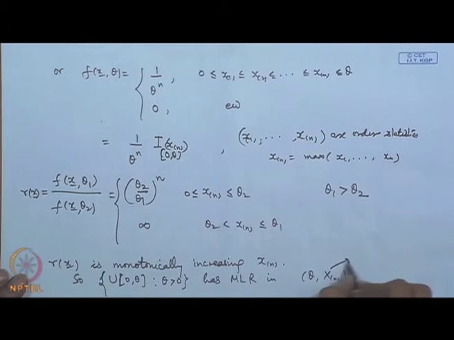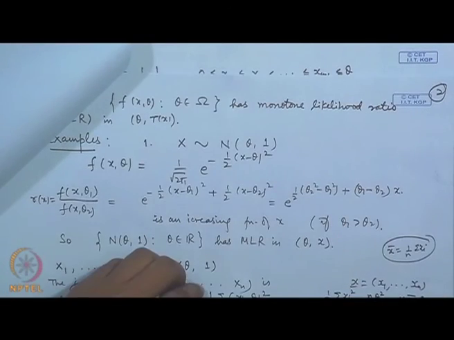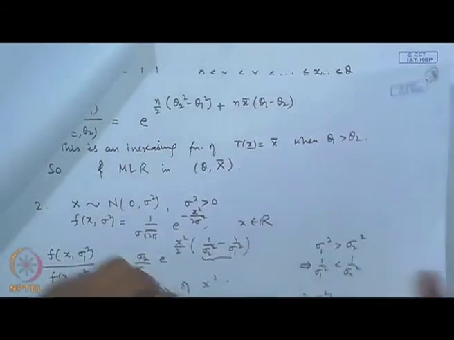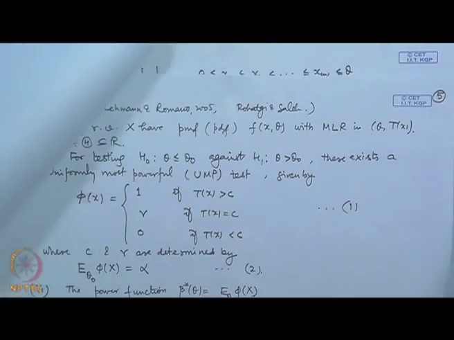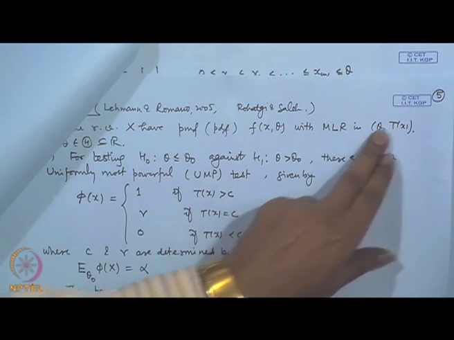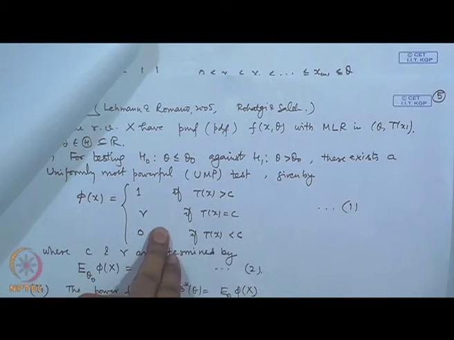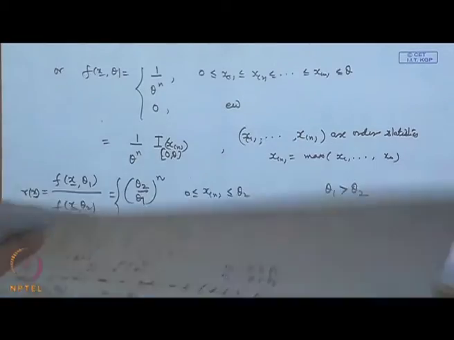This is our T(x). If we want to apply the monotone likelihood ratio property and the corresponding theory of UMP tests, this is what we required: if you are looking at families with MLR in theta and T(x), then for one-sided testing problems we have the UMP test. So, we will apply this now.